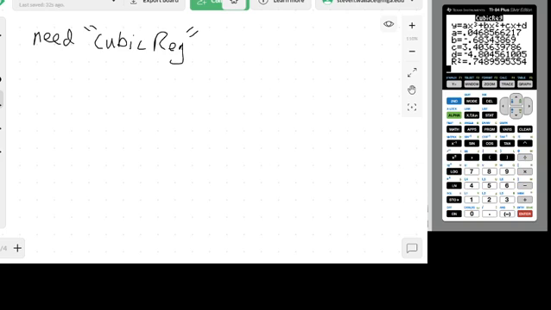Okay, so the answer here is a cubic polynomial. We get f of x. So cubic reg, once again, this is Stat over to Calc, number 6.